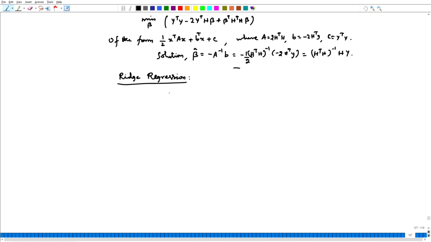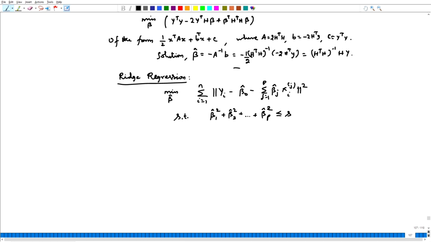You are going to minimize the same thing, that is, the summation over i equal to 1 to n of the norm of yi minus beta naught hat minus the summation of beta j hat xj, j equal to 1 to p, norm squared, over beta hat. But we do this subject to the condition that beta 1 hat squared plus beta 2 hat squared plus up to beta p hat squared is less than or equal to some s.